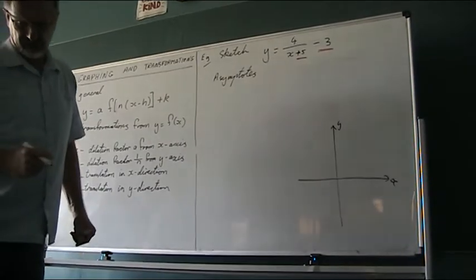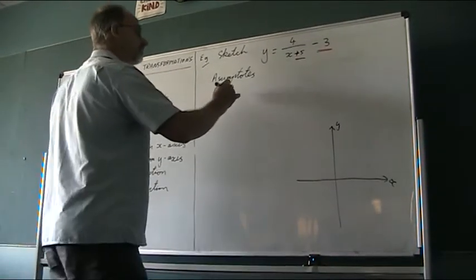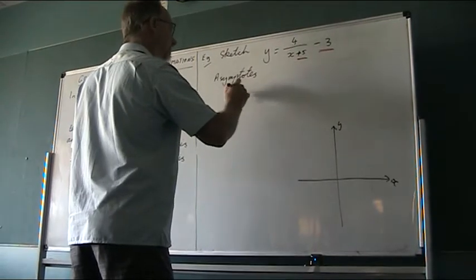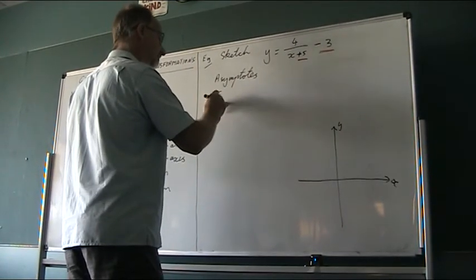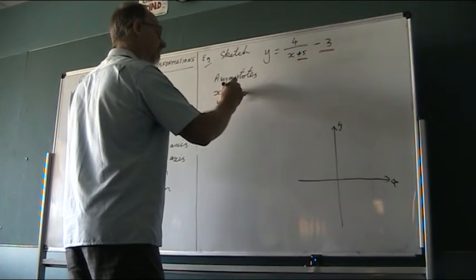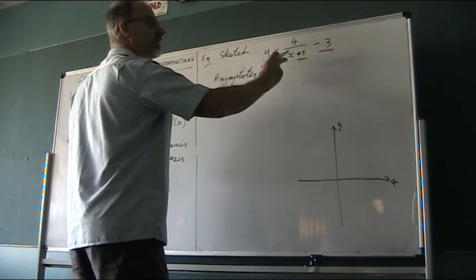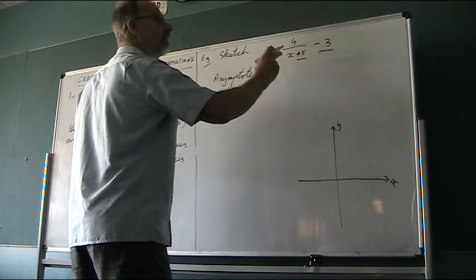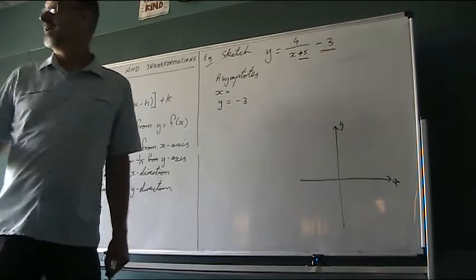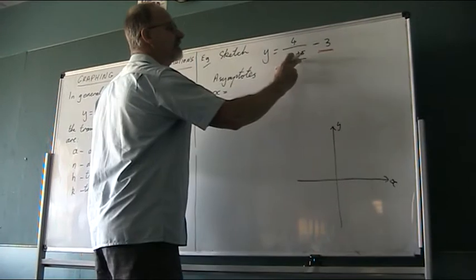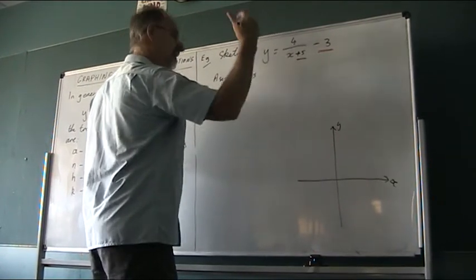So we'll have two asymptotes, x equals what and y equals what? y equals -3, and the x value, which way does this translate? Left.